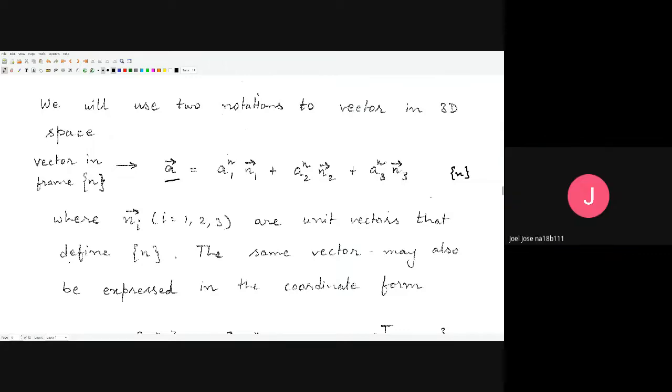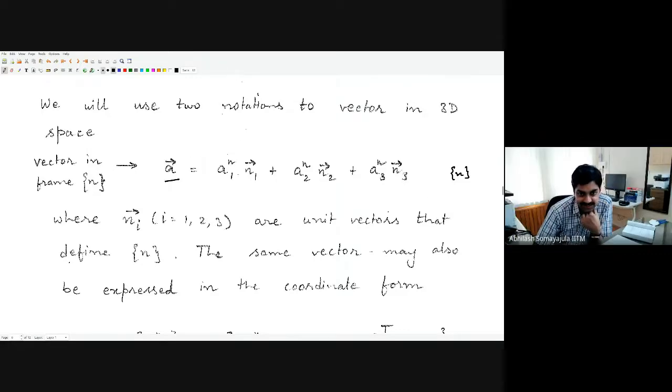Yes. The extent of that vector along the n1 direction is A1n. The extent of the vector A in the n2 direction is A2n. The extent of the vector A in the n3 direction is A3n. So if I take A dot n1, I'll get back this value A1n.